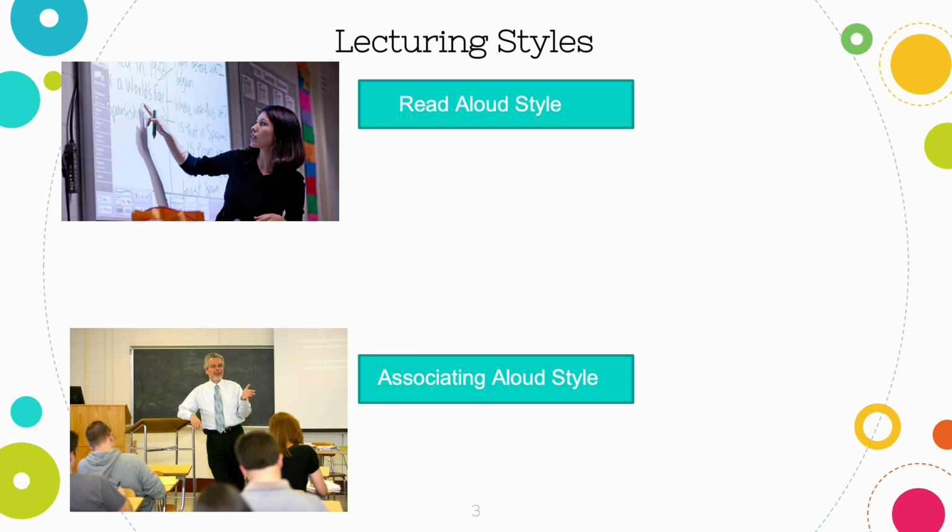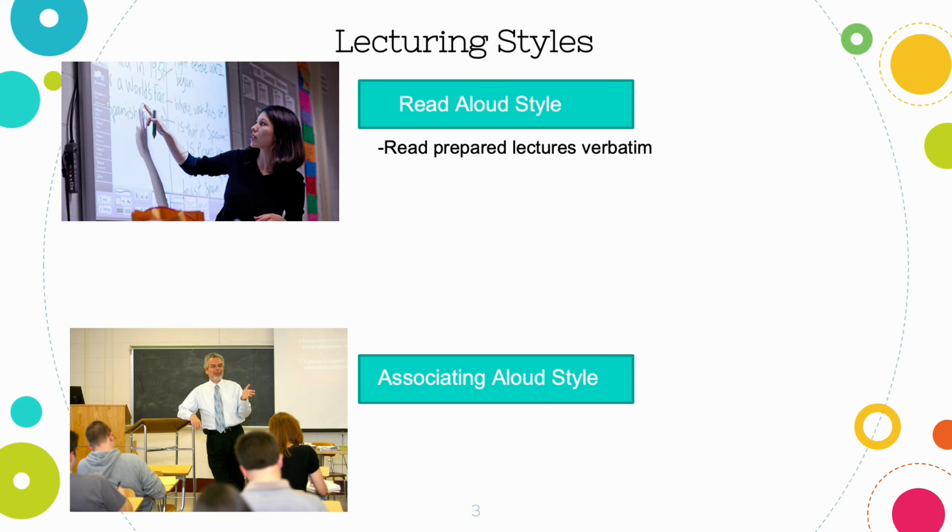Our textbook identifies that most teachers have at least one style of lecturing, while they say the better teachers tend to employ a variety of styles, depending on the context. At the ends of the lecture continuum are the read aloud style and the associating aloud style. The read aloud lecturers read verbatim from their notes or slides.